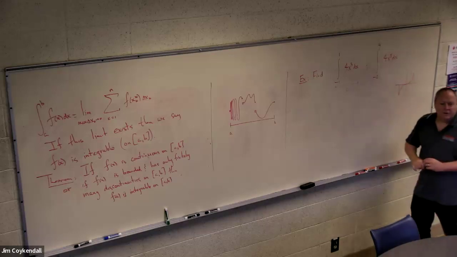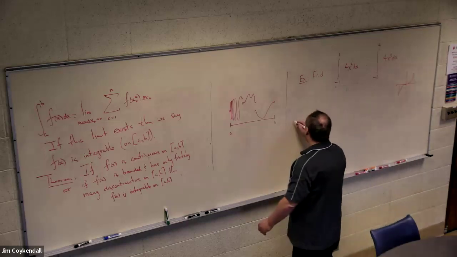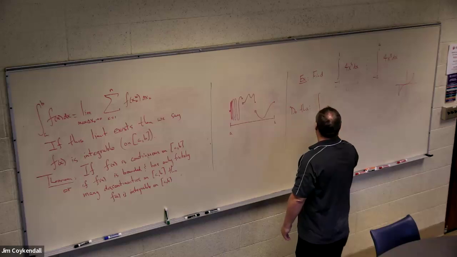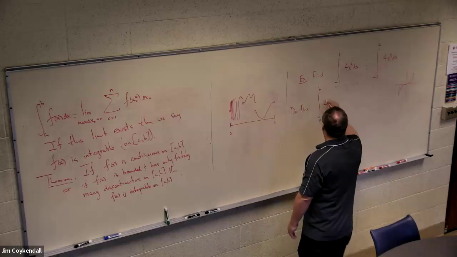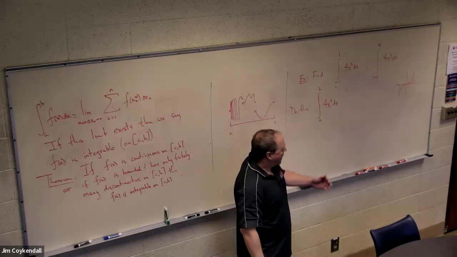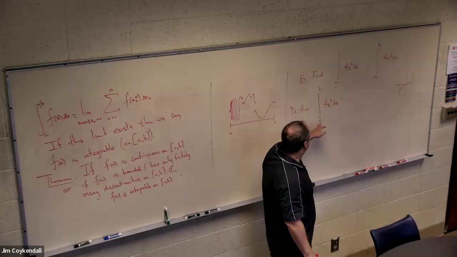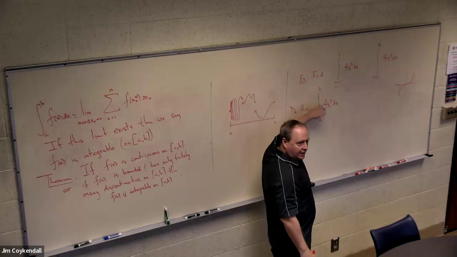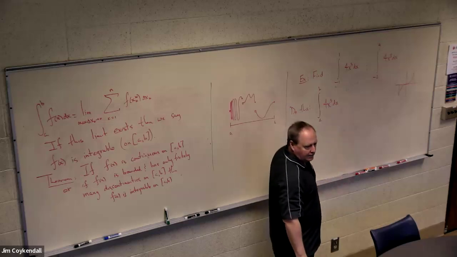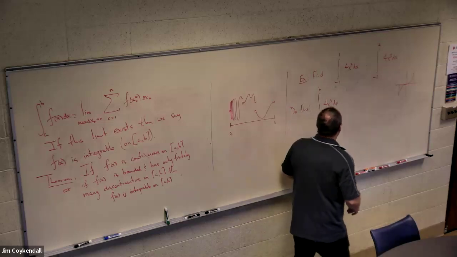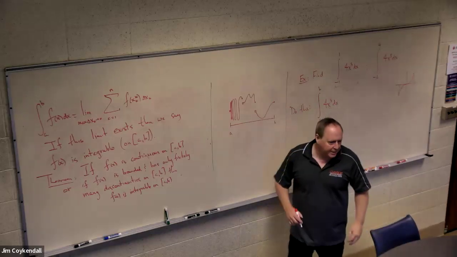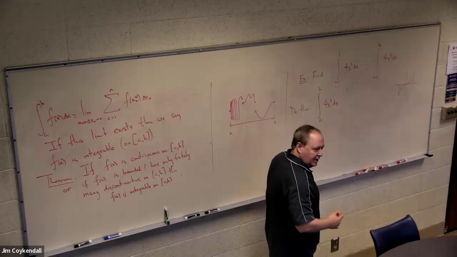Let's see. So let's do this problem. I don't want to go through two limits. So let's just put in dummies for the endpoints a and b and figure this out. And then I should be able to plug things in. So let's set this up. We're going to do our computation.